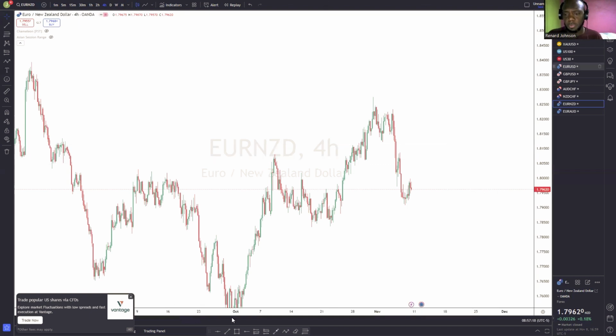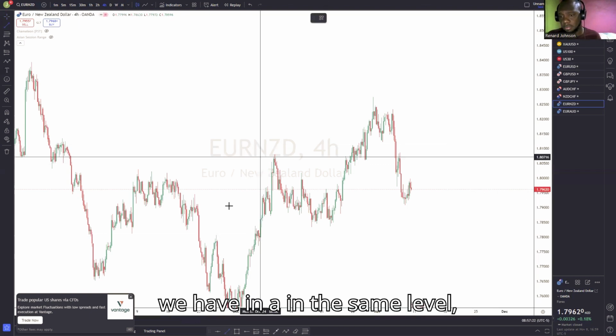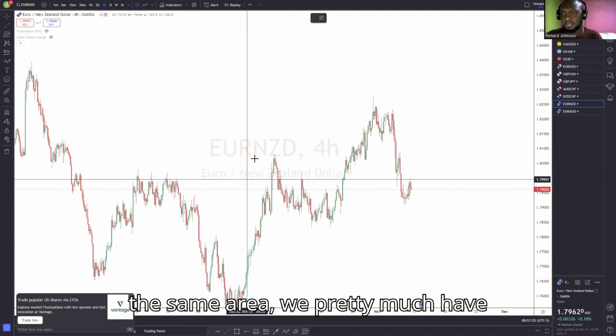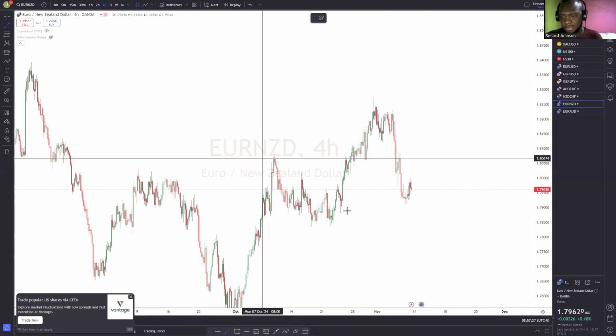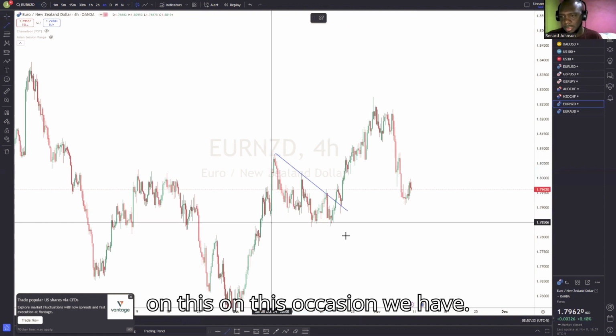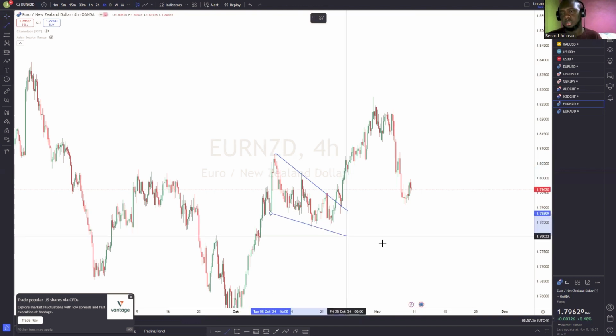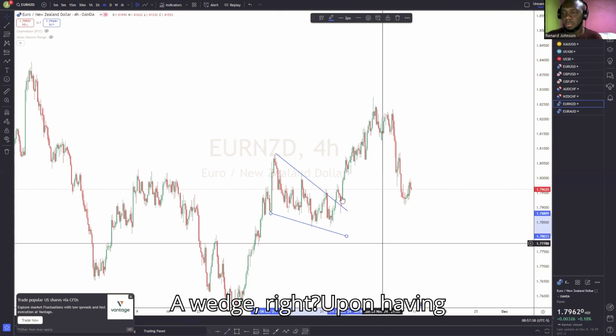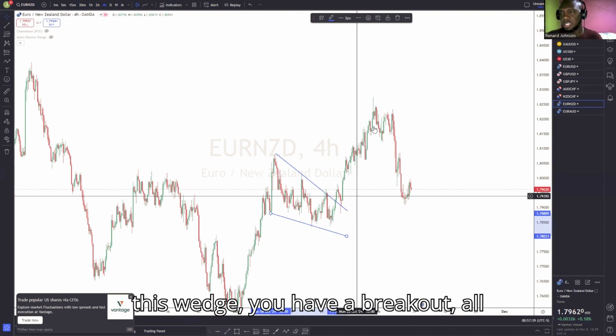Similar with your AUD, in the same area, we pretty much have the pattern again. On this occasion, we have a wedge, and upon having this wedge, you have a breakout.